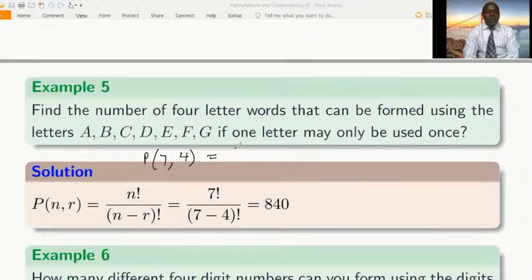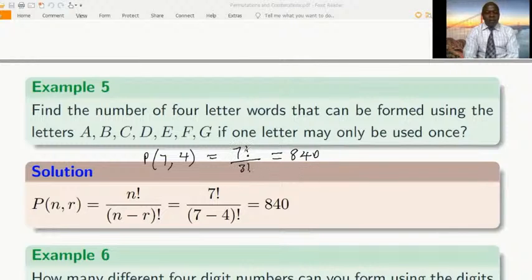So this would be the same as 7 factorial divided by 3 factorial, because 7 minus 4 is 3. And so using a calculator, you would find this to be 840. And of course, I showed you how to use a calculator in so many ways.